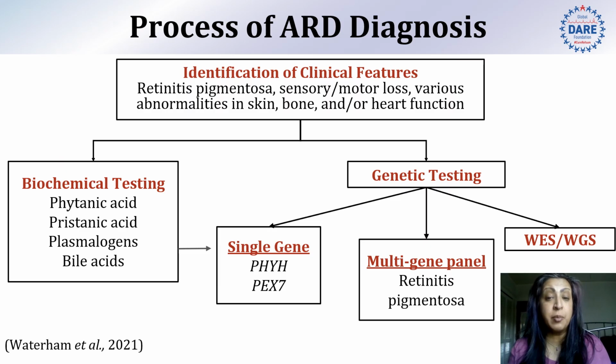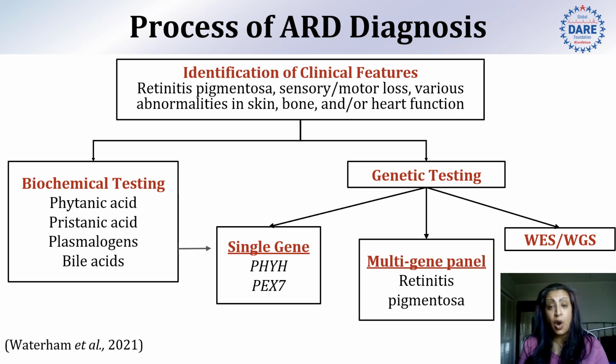And this can give us important clues about what pathways might be affected in this condition and causing the specific symptoms at hand. And so at that point, we move into genetic testing. The specific approach of genetic testing depends on how clear the picture is.